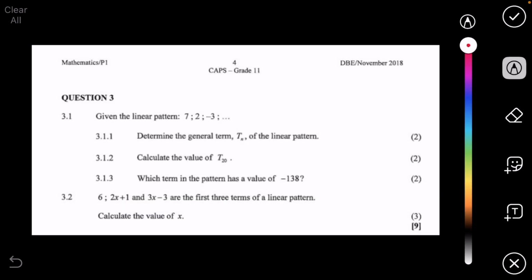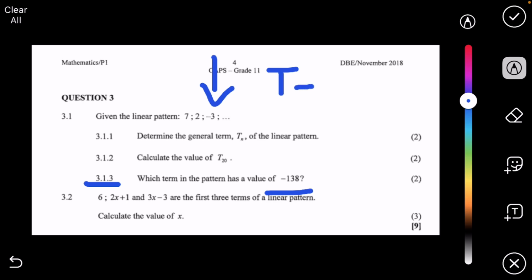So guys, let's now move to question 3.1.3. Which term in the pattern has a value of negative 135? Ladies and gentlemen, you need to understand what the question wants. It's like they're saying which term in the pattern has a value of negative 3. We know a term in the pattern which has negative 3 is term number 3.